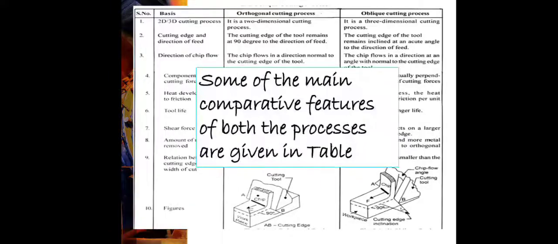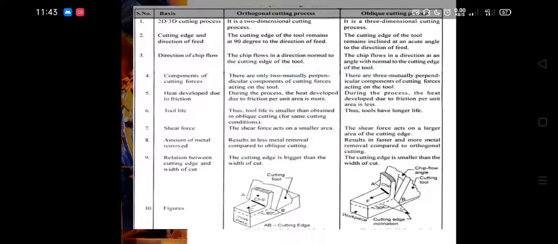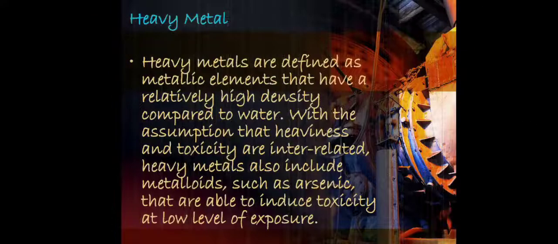So next up, we will define heavy metals. Heavy metals are defined as metallic elements that have a relatively high density compared to water. With the assumption that heaviness and toxicity are interrelated, heavy metals also include metalloids such as arsenic that are able to induce toxicity at low levels of exposure.